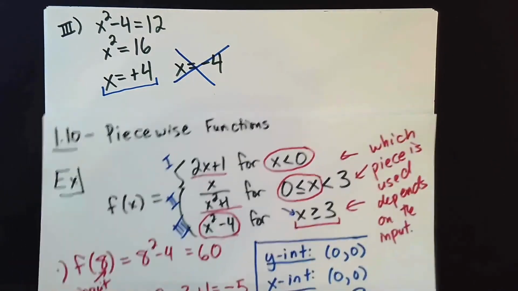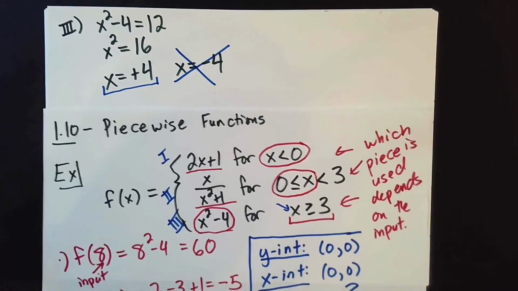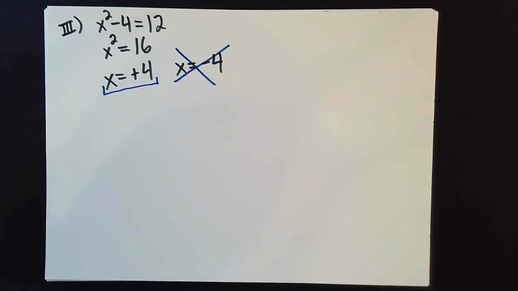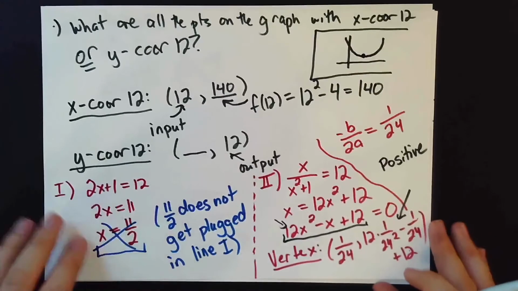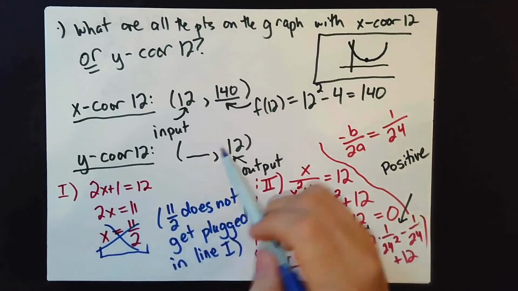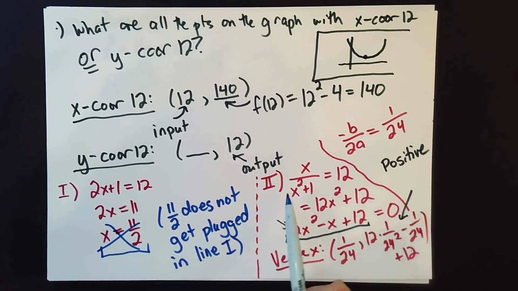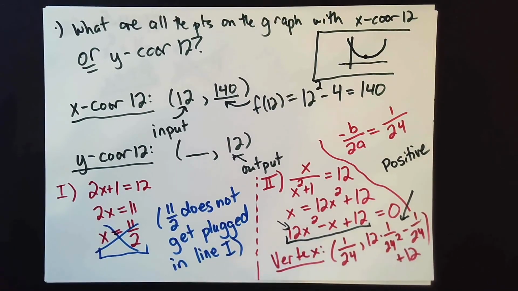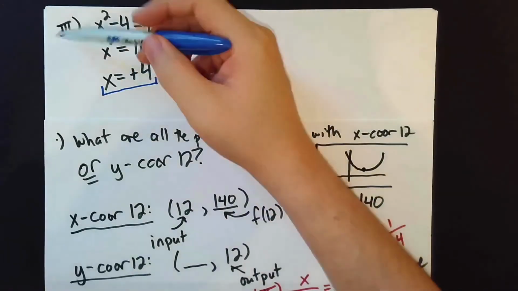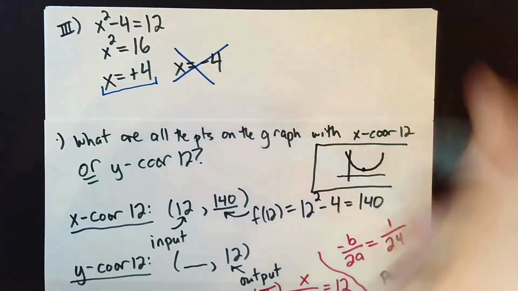And so, in particular, if we go back to the question we had asked, which was, what are all the points on this graph with y-coordinate 12? There were none of them in section 1, none of them in section 2, and then in section 3, we found just one, namely the one where x is 4.